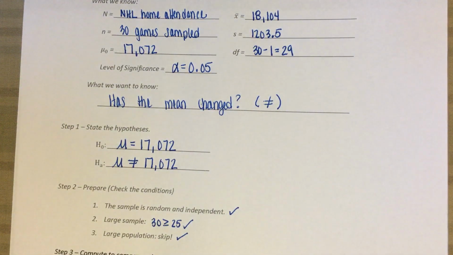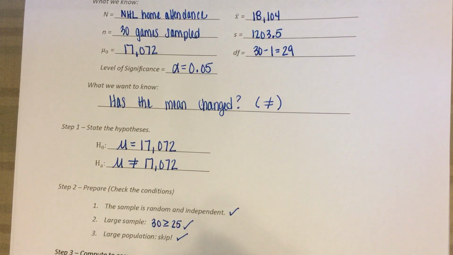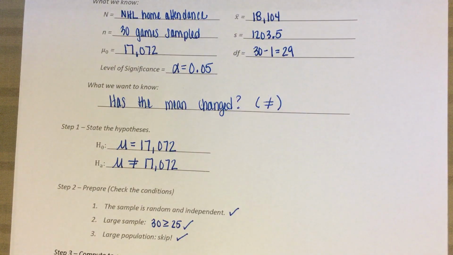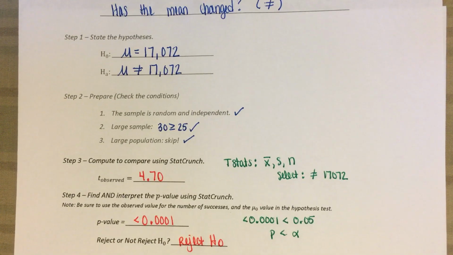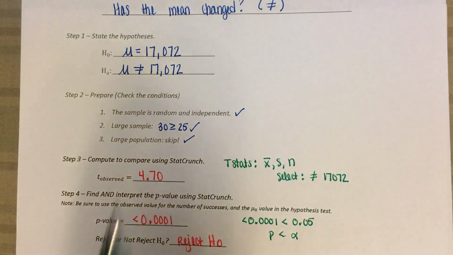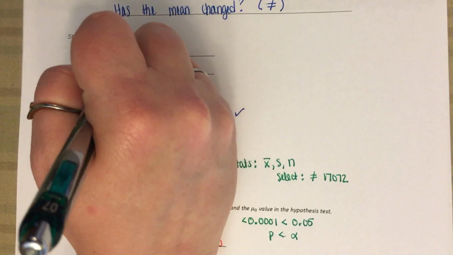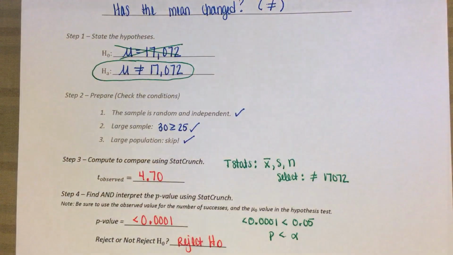So since p is less than alpha, we are going to reject our null hypothesis. I got to move my paper down here. All right, so we're going to reject our null hypothesis, so we're going to cross off our null hypothesis up here. That means if we rejected our null hypothesis, then our alternative hypothesis is most likely going to be the true one.